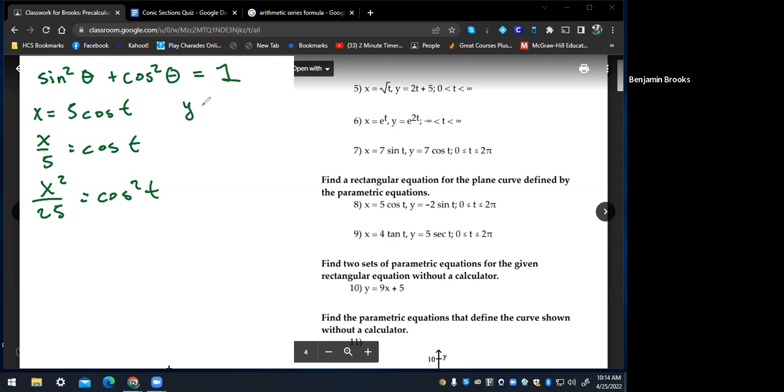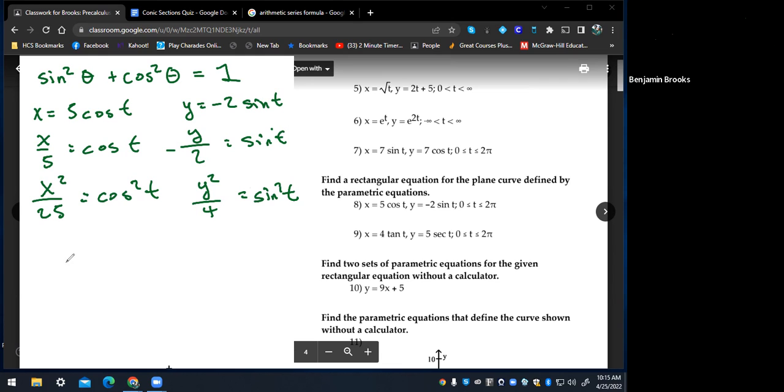You got y equals -2 sine of t, and then you end up with y over -2 is equal to sine of t, but we're going to square it. And you end up with y squared over 4 equals sine squared of t. Everybody follow me so far? All I did was solve for cosine of t and solve for sine of t, and then squared both.